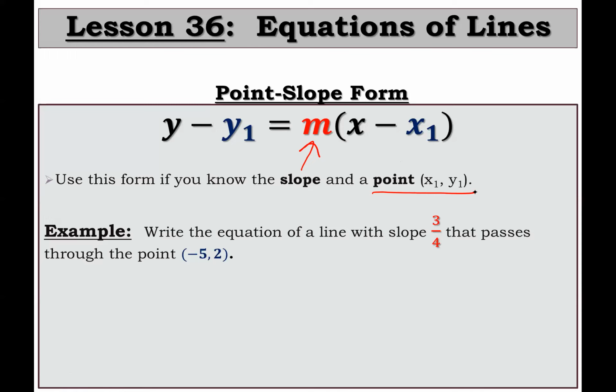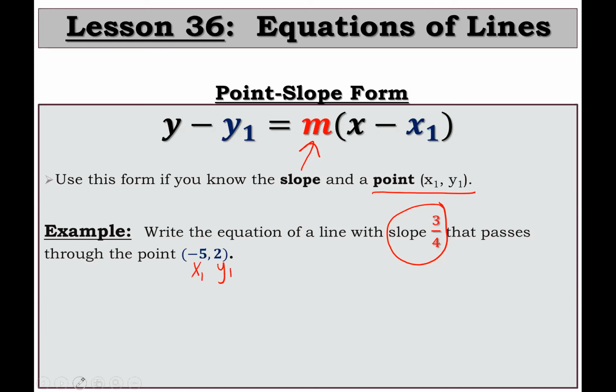Write the equation of a line with slope 3/4 that passes through the point (-5, 2). Every time you see the word slope, be prepared to plug something in for m. And we have one point, (-5, 2), so I'm going to label the coordinates of that point as x1, y1.